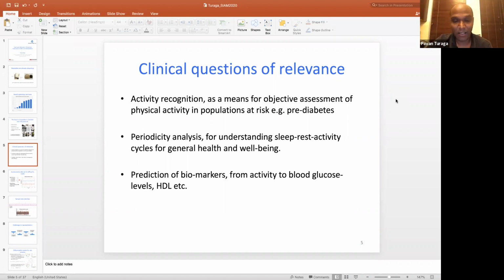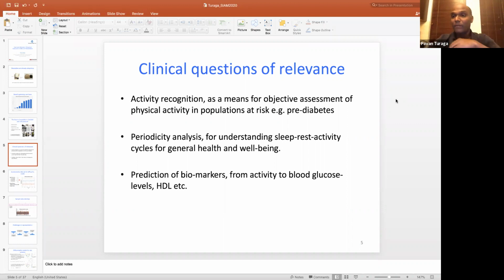It's very remarkable. And of course, there is also the grand goal where we are headed, and we would very much like to be at the forefront of that, which is prediction of biomarkers. Now, biomarkers can mean a variety of things. The simple ones are the measures that you get from blood work, your blood glucose levels, lipid profiles, all that is a valid biomarker, to behavioral biomarkers, which can range from gait and balance measures to cognitive decline and mental decline.